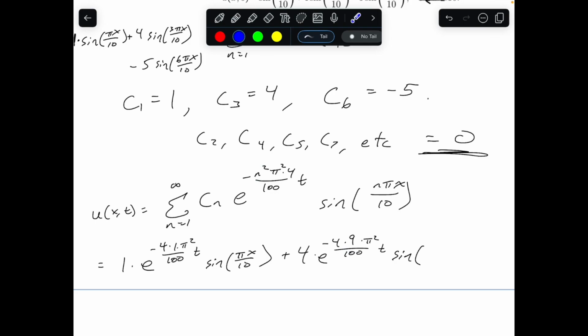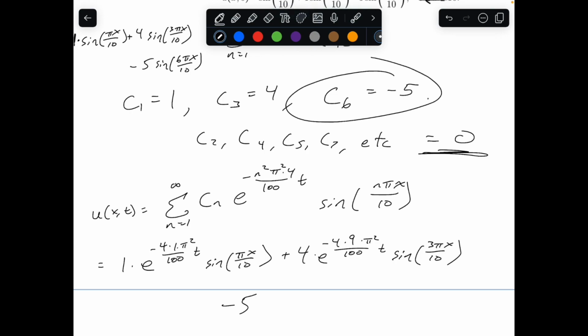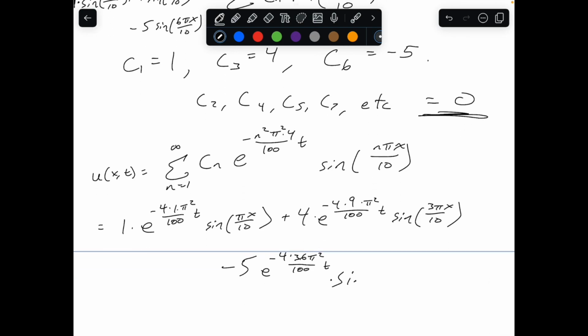Okay. So we get negative 4 times 9 pi squared over 100, and then sine of, so n is 3, so this would be 3 pi x over 10, and then plus our coefficient for n equals 6 is negative 5, and then e to the negative 4 times n squared, which is 36, pi squared over 100 times t, and then times sine of n is 6, 6 pi x over 10.